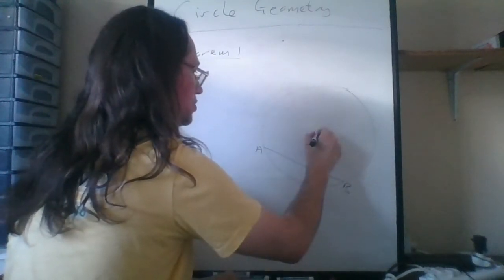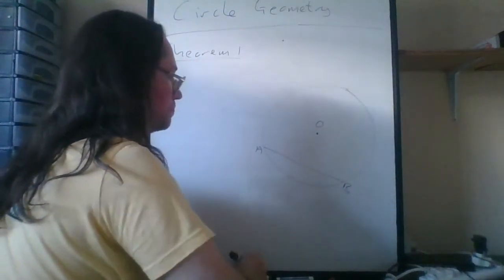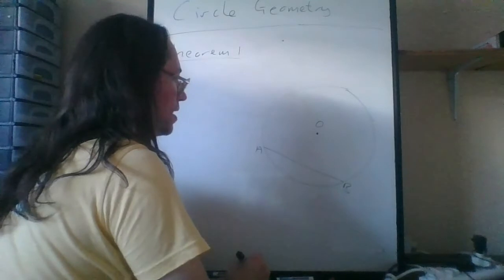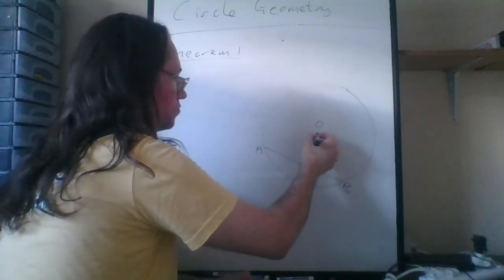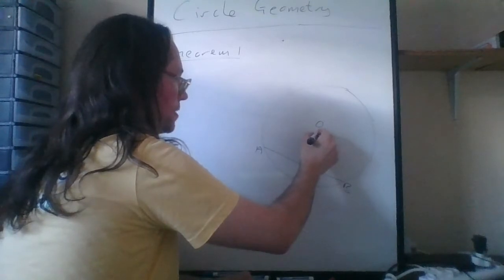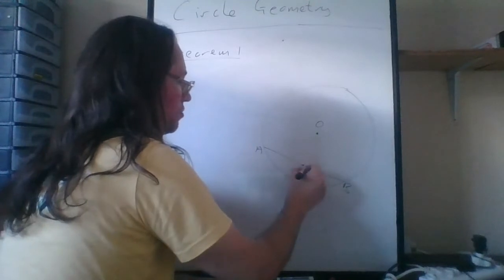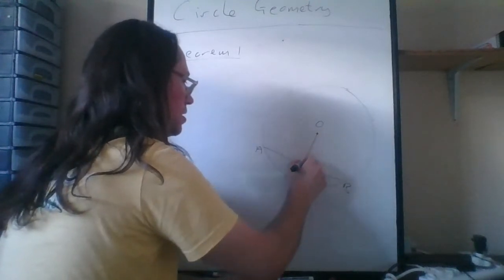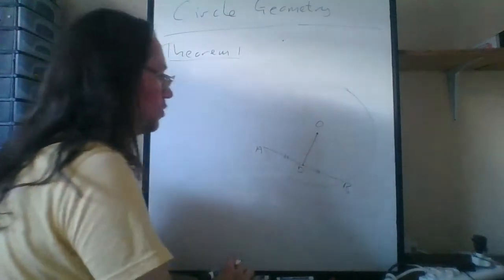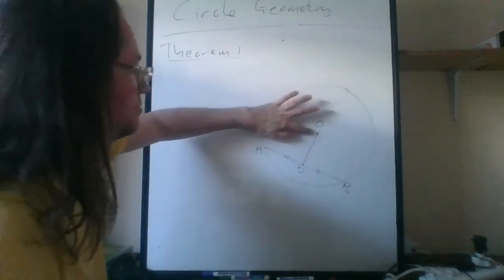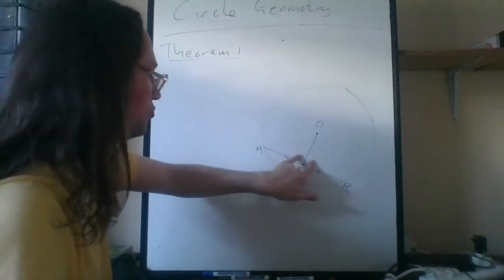We have the center of the circle, call it O, and we drop a perpendicular from, what we'll do is connect the midpoint of AB with the center. What we want to show is that when we connect the center of the circle with the midpoint of the chord, it is perpendicular onto the chord.